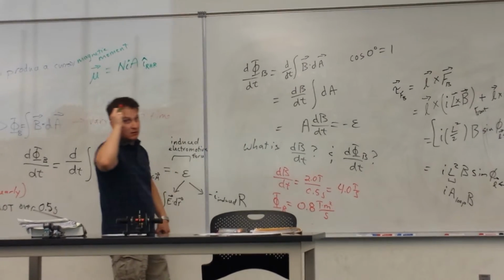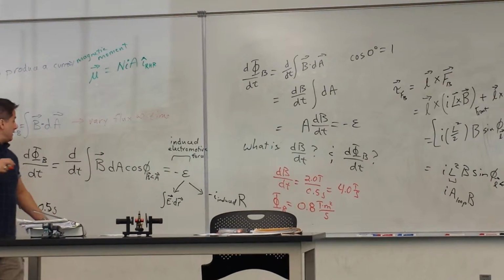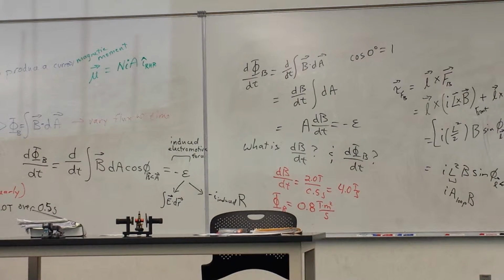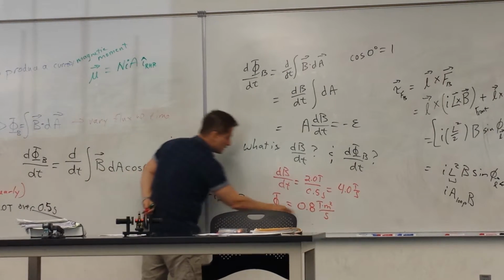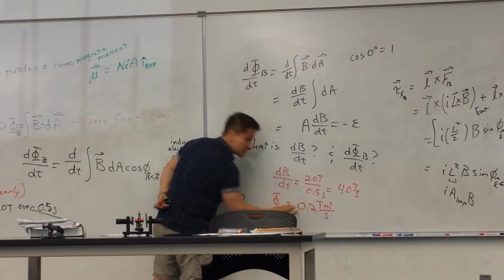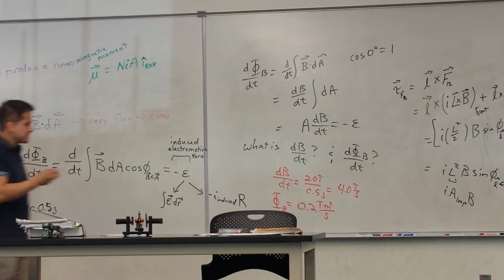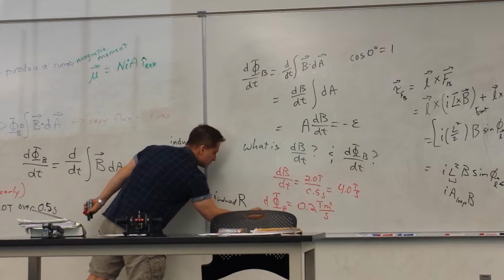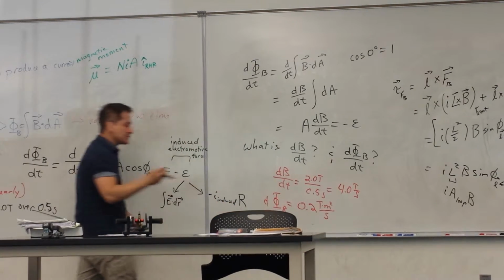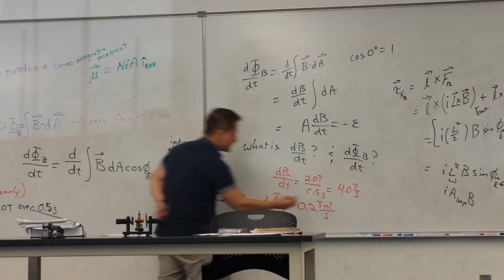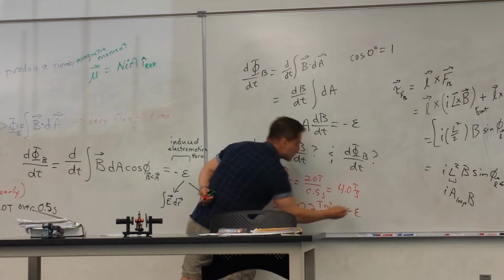Something like that. Did the math right? 4 times that is going to be 0.2. I know, I screwed it up. It's okay. And this is dΦ/dt. This is opposite. This is your electromotive force.